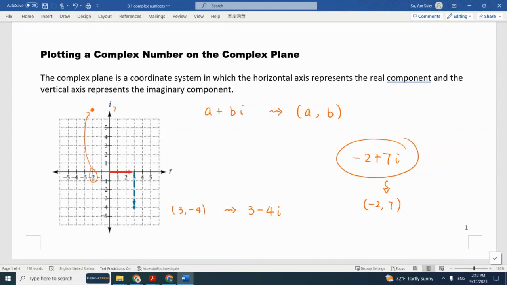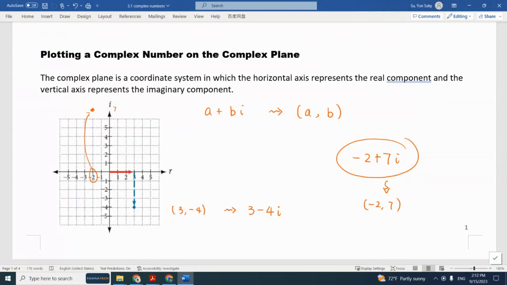Now I make it up and ask you, okay, where is -5 minus 3i? -5, and then you go down 3. Exactly. So this is the point. So it's basically just the point where you add an i. This is the complex number.